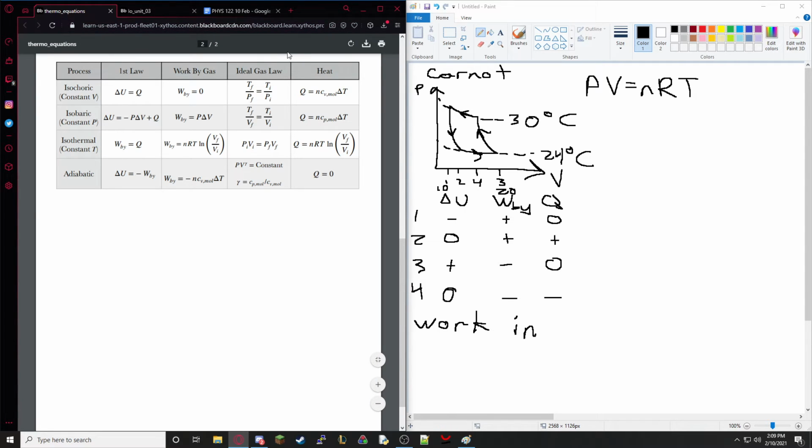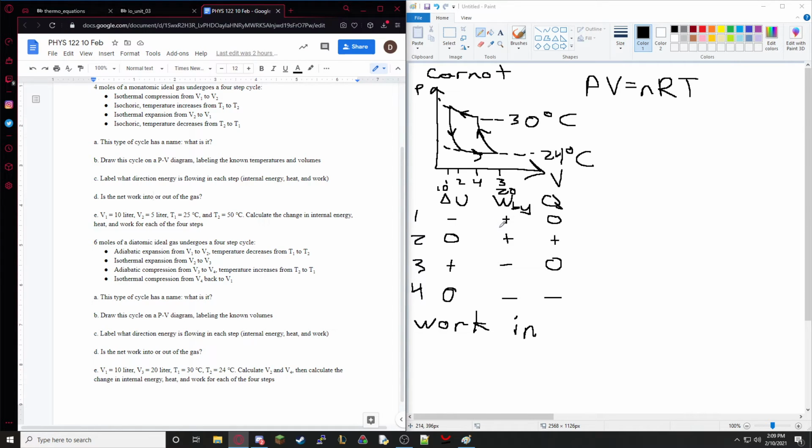So, if we want to calculate the work being done, let's not worry about calculating V2 and V4 for now. Let's start calculating what we can in terms of the change in internal energy, the work being done by the gas, and the heat flow. For step 1, do we know what the change in internal energy is going to be?